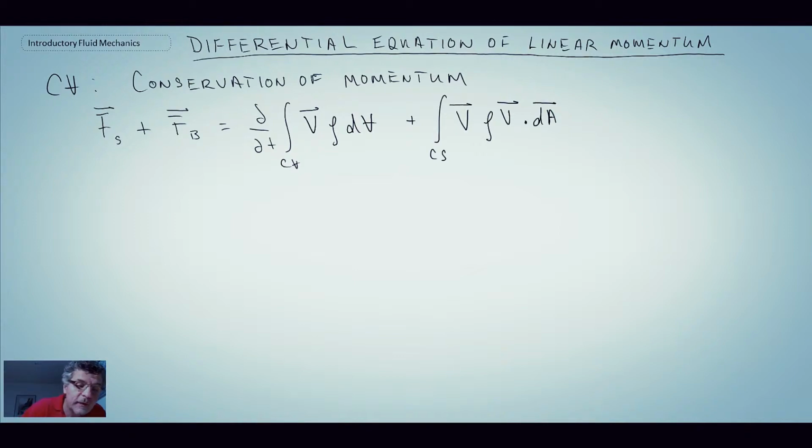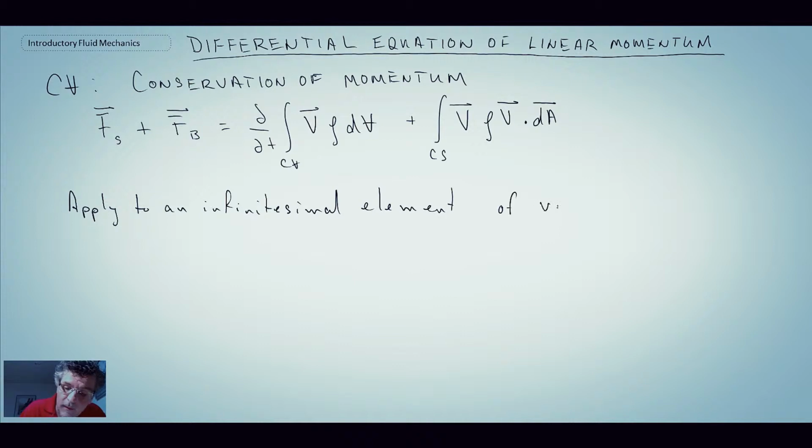Now what we're going to do is apply this, just like we did with continuity, to a little differential element. And we'll say the volume of that is dV, which is dx, dy, dz, the 3 dimensions of our little element.